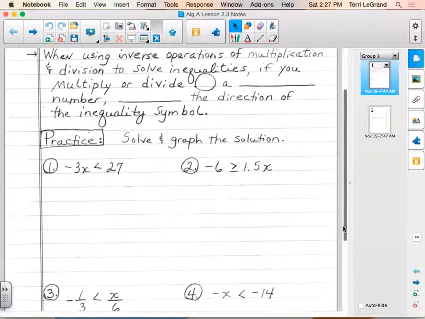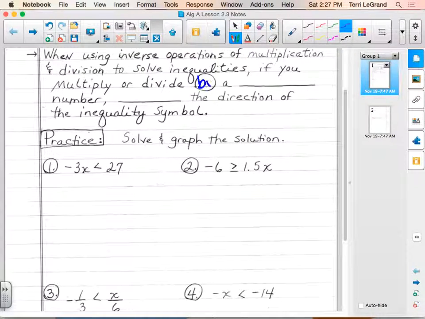When you're using the inverse operations of multiplication and division to solve inequalities, if you multiply or divide by, and there's a reason I have that circled, that's a really important word, if you multiply or divide by a negative number, so when you're solving, if the number that you have to multiply by or divide by is negative, we have to reverse the direction of the inequality symbol.